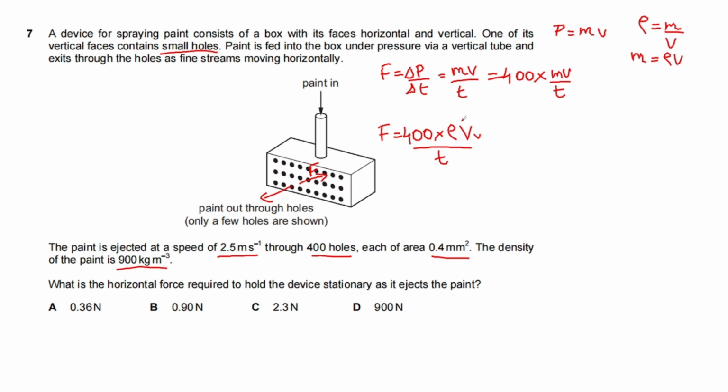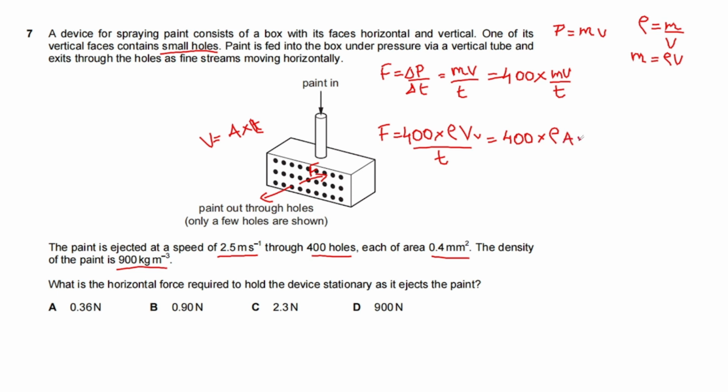Let's consider the volume. Volume would be area multiplied by length, right? So volume is equal to area multiplied by length. The area for each hole is given, but we don't have the length, right? So we can substitute this into the equation.